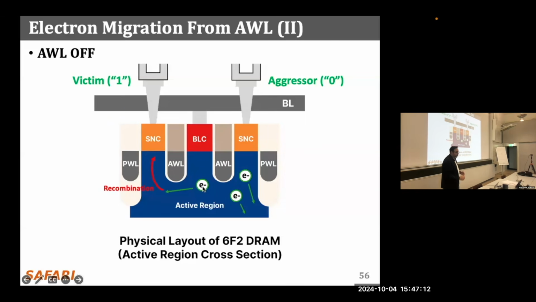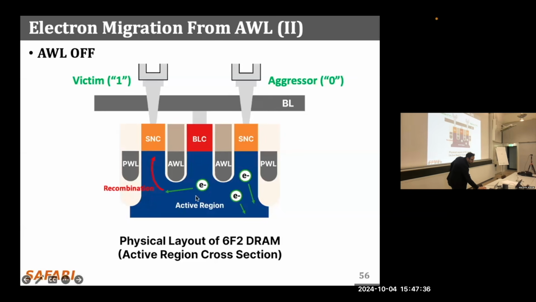Once you close the row, these electrons are released. They were part of the channel here, and now you do not attract them by putting a high voltage on this aggressor row. As a result, these electrons just go wherever they are attracted to.